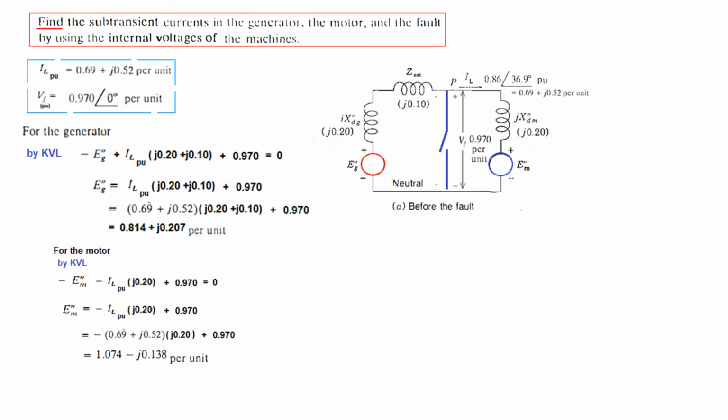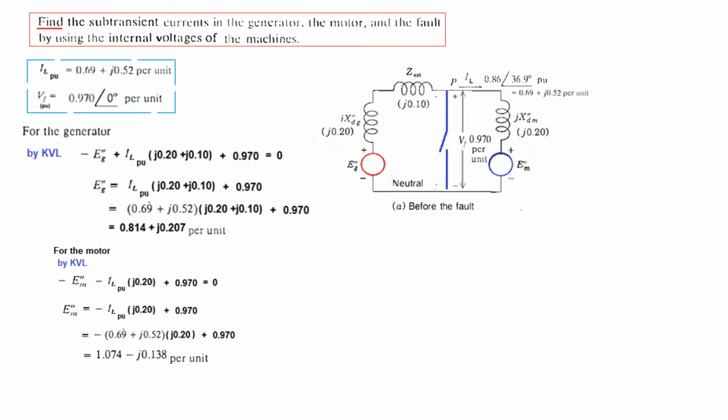And similarly, motor voltage, we go from here, so minus EM and I into this current and Vf. And since the current IL is coming from the top, therefore it will be positive here and negative here.